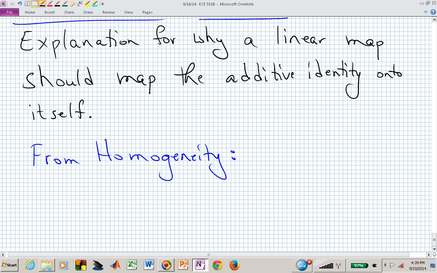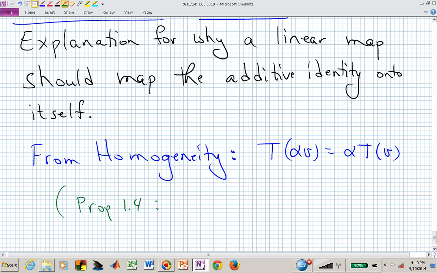From homogeneity, we have T of alpha V is equal to what? The homogeneity property says T of alpha V should be alpha T of V. Now, if you remember all of your propositions, you don't have that many yet. You just have up through chapter 2, and we're starting in chapter 3. So let's go back to chapter 1 and recall proposition 1.4.